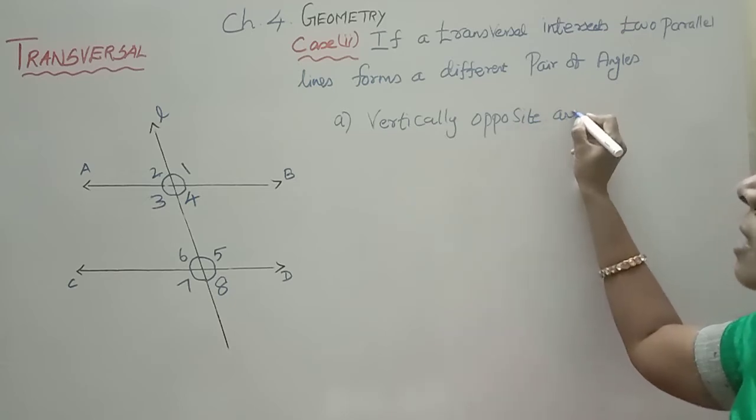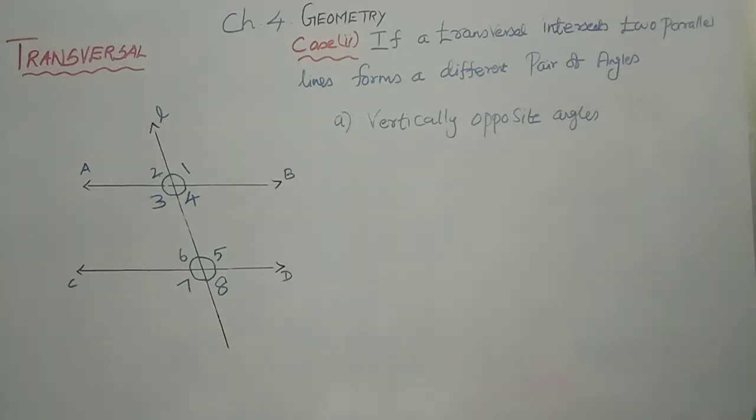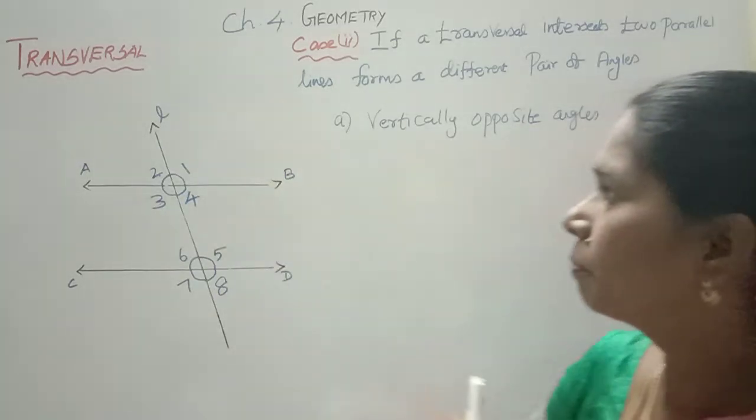A transversal intersecting parallel lines makes vertically opposite angles. We saw yesterday that if two straight lines intersect each other, vertically opposite angles are formed and they are equal. Here, which are the vertically opposite angles?